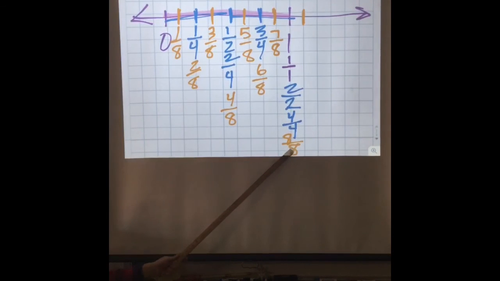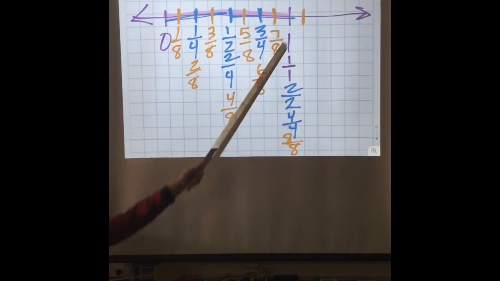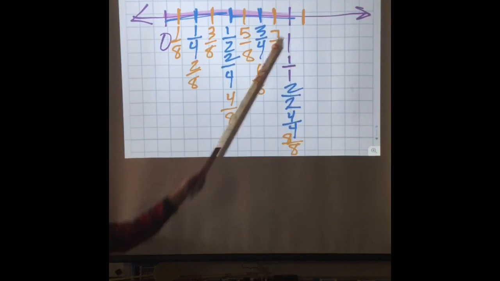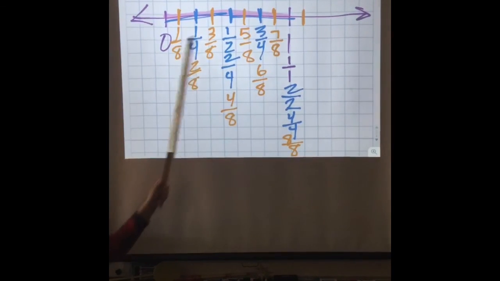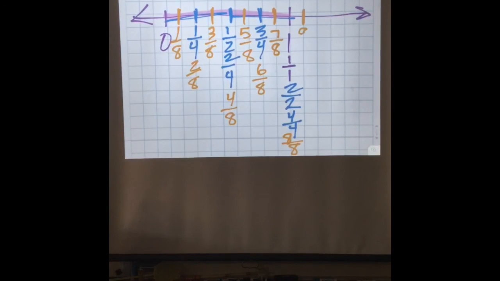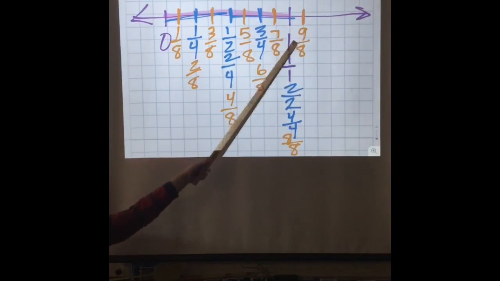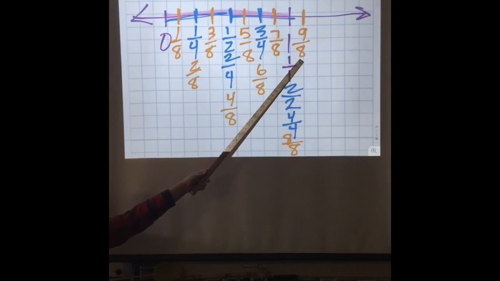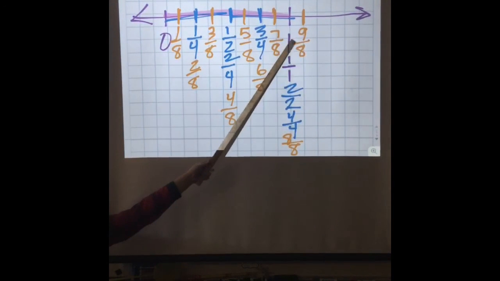If this is 8/8, what's that? Quickly. What is that? It's orange. I still have it in the same thing. 9/8. And because the number on top is bigger, it means we have 1 whole plus 1/8.